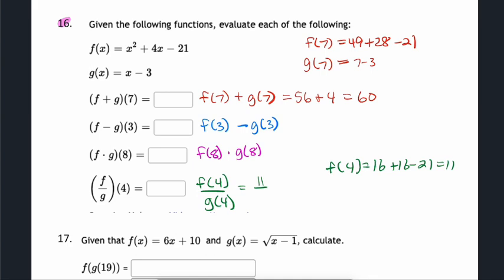And then we're going to stick 4 into our g function. 4 minus 3 is 1, so that's 1. If it can reduce, reduce it. If it can't reduce, leave it. 11 divided by 1 is 11. If you would get a division by 0, just put that it is undefined.